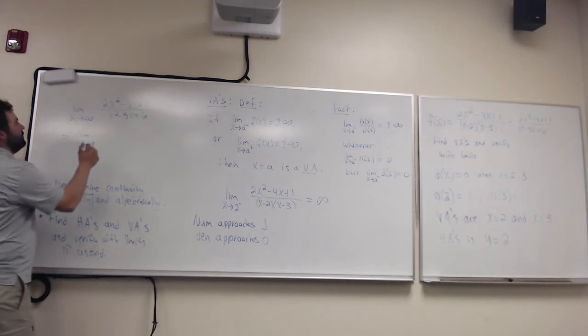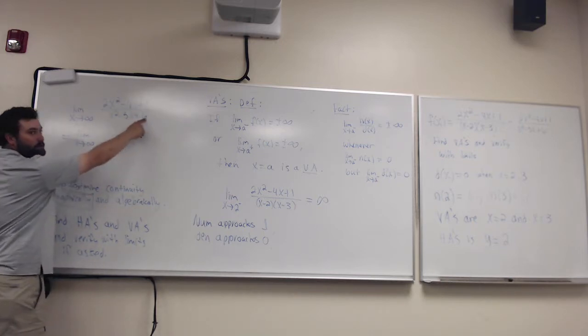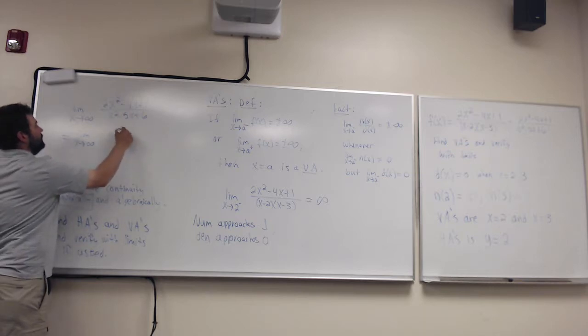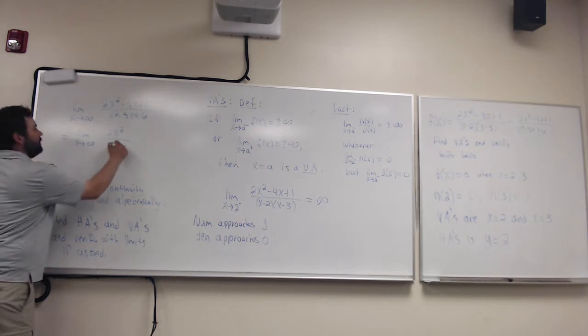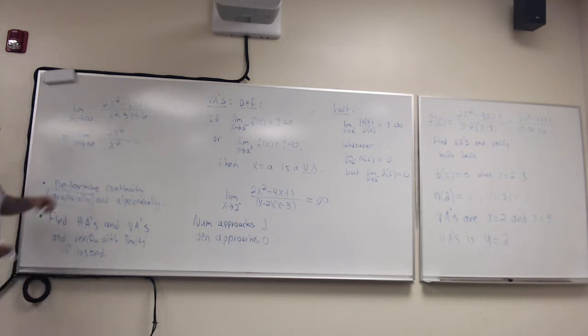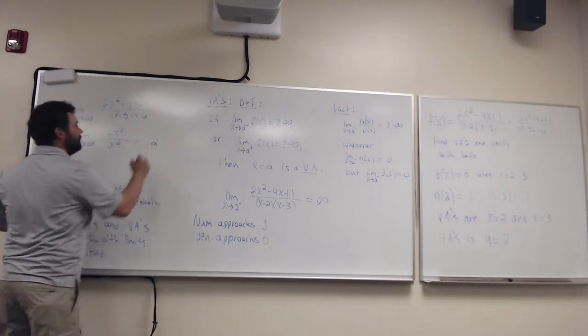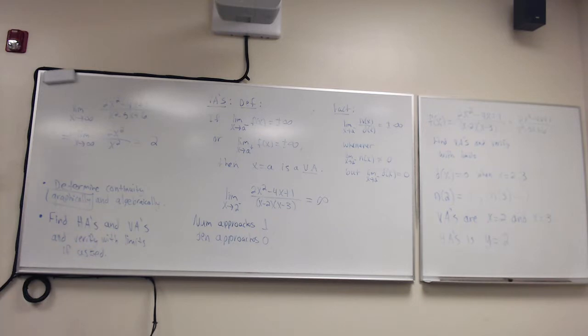It's just, you can throw away all the lower power terms on top and bottom. So you just take the leading term in the numerator over the leading term in the denominator, but 2x squared divided by x squared is always 2, and the limit of a constant is a constant. And that's another reason why the horizontal asymptote is 2.